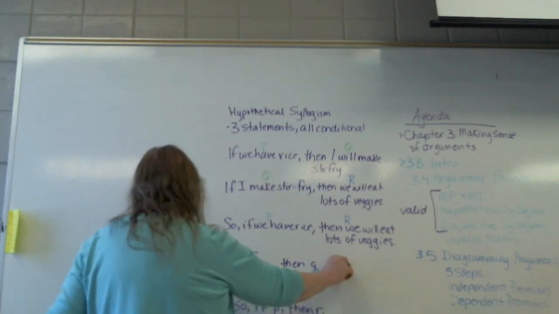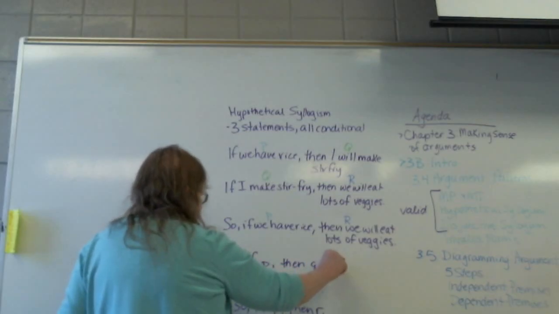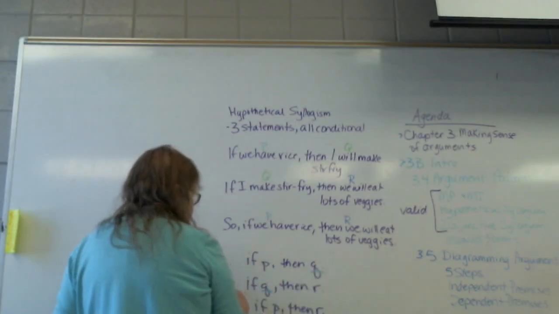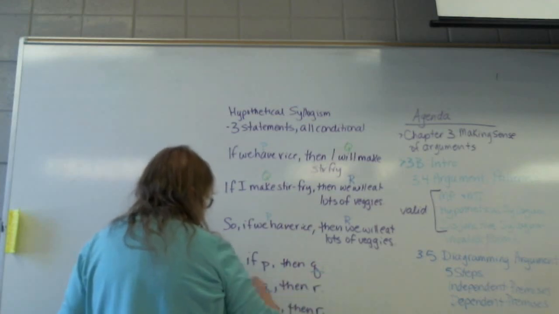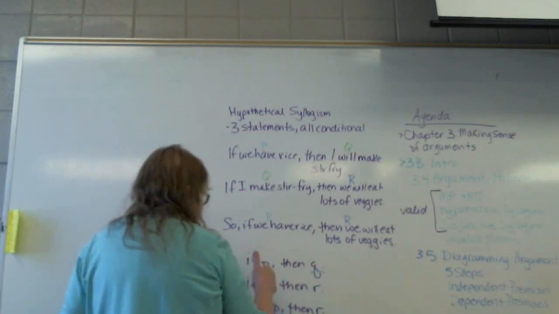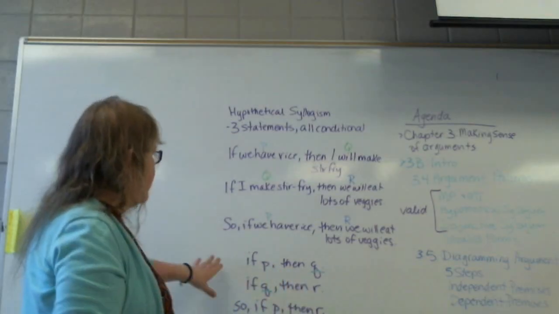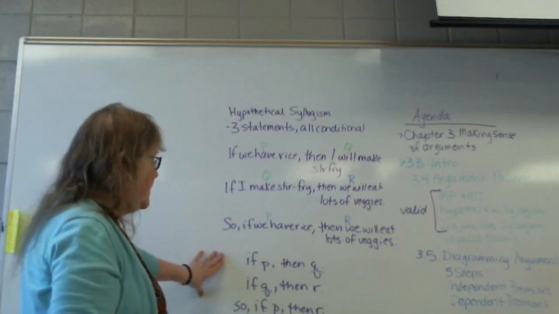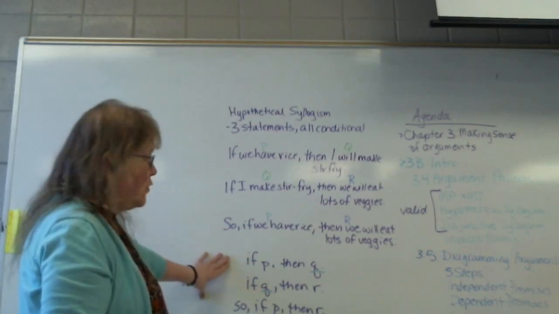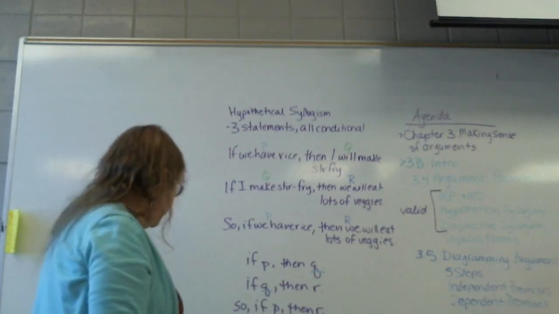The first conditional's consequent comes into the next conditional as the antecedent. Same thing for the Q, okay? And then P, R, we're gonna have some fun with those a little later, but that's your format. It's always, always valid. If you can fit your argument into this format, it's valid every time, okay?